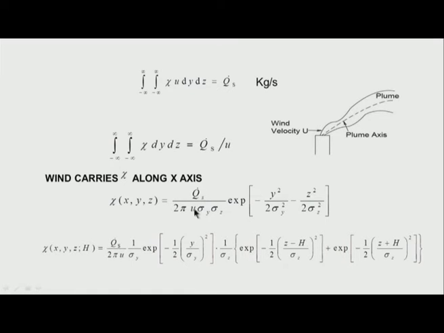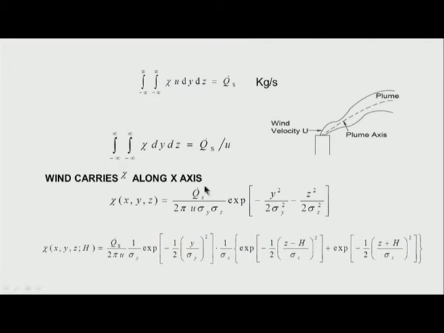I get q dot s divided by u corresponding to the mass at a particular value of x over here. If I want to find out the dispersion taking place along the lateral direction y and the vertical direction z, then I get q dot s divided by root 2 pi sigma y into root 2 pi sigma z.